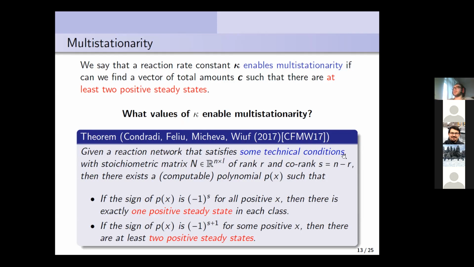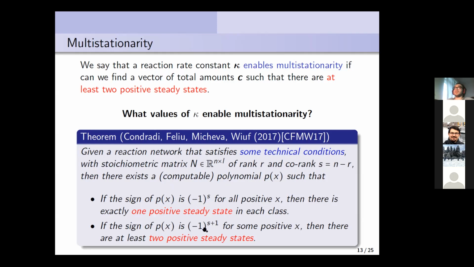If these technical conditions are satisfied, and you are given a stoichiometric matrix N with rank r and corank s, then there exists a computable polynomial p(x) such that if the sign of p(x) is (-1)^s for all positive x, then there is exactly one positive steady state in each class.